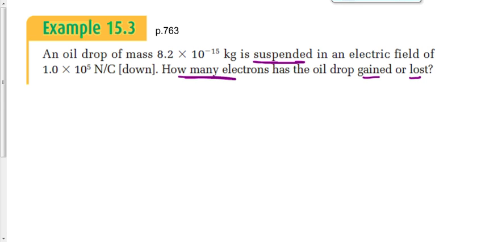Draw the picture. Here's the oil drop. Positive or negative? We don't know. It's suspended, which means the forces have to balance each other. So we know that one force has to be up and one force has to be down. And we know the electric field is downward.